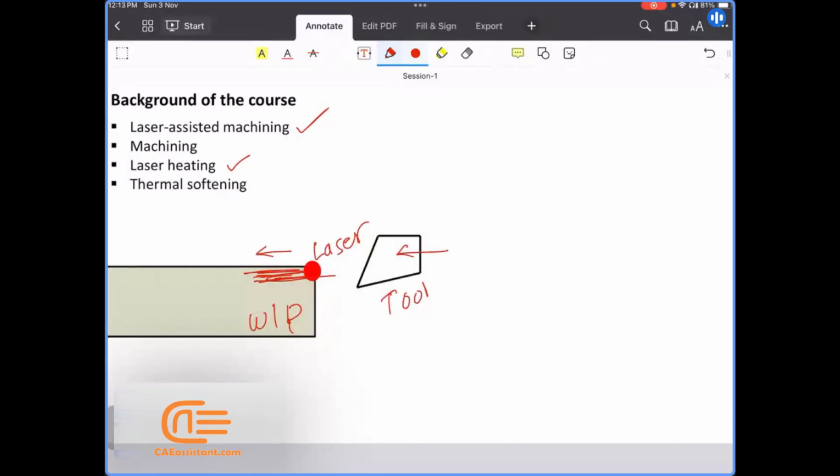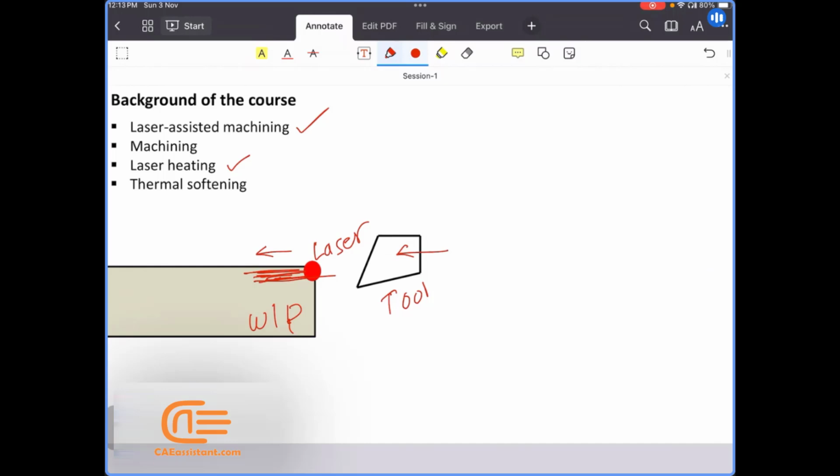So what is the basic understanding? Compared to the hard surface, now the cutting tool is going to remove the softer part. So definitely the cutting force requirement will go down, which means the cutting tool experiences lower cutting forces.